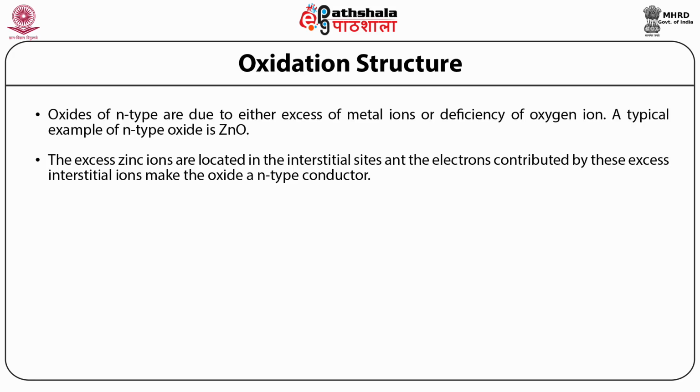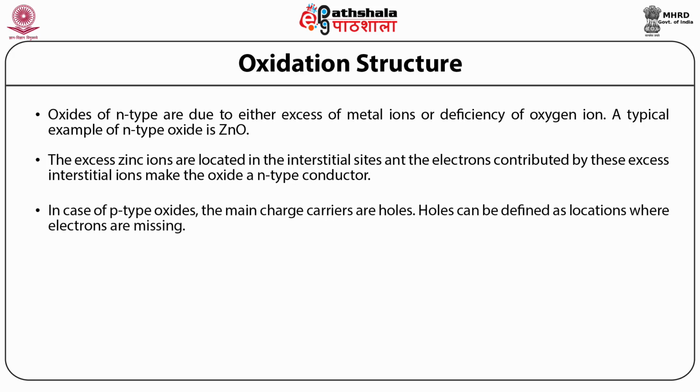Whereas in the case of P-type oxides, the main charge carriers are holes. Holes can be defined as the locations where electrons are missing. And the typical example of a P-type oxide is the wustite iron oxide.